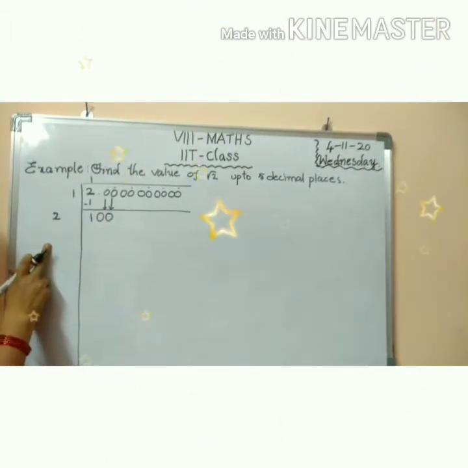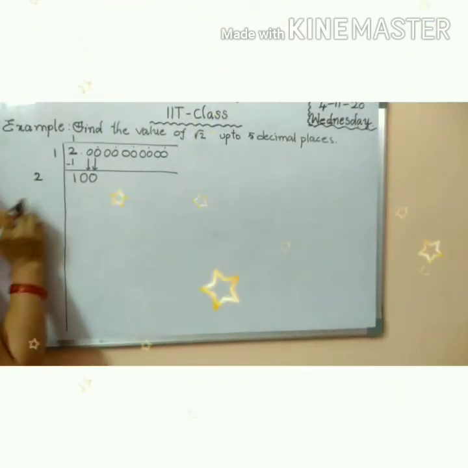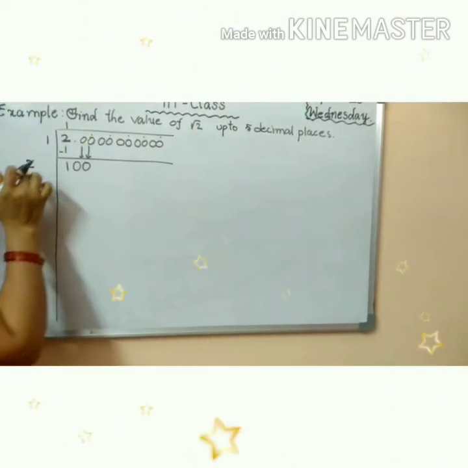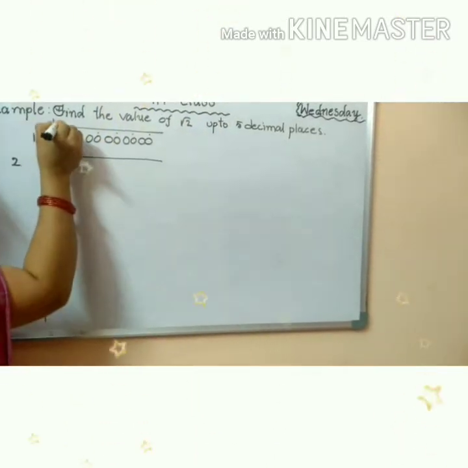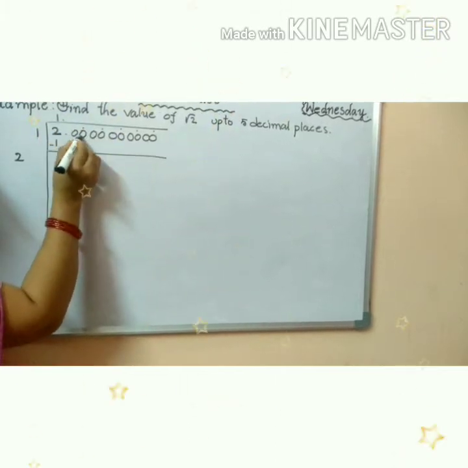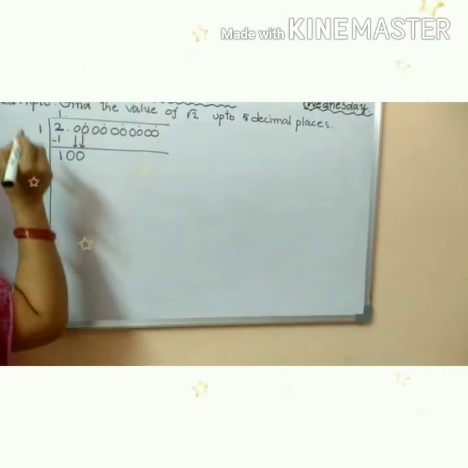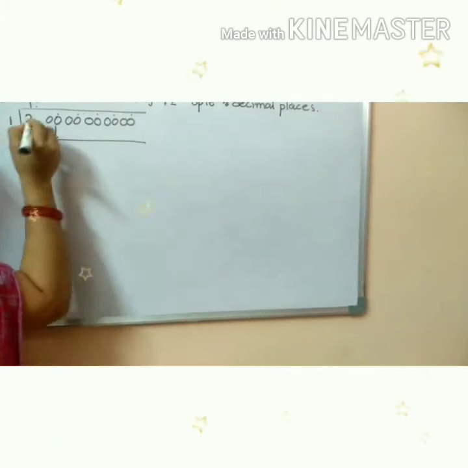Did you understand, children? Here 2. How many times is it possible in 100? Since we put the point, we take 2 zeros after it. Okay, next, how many times is it possible?